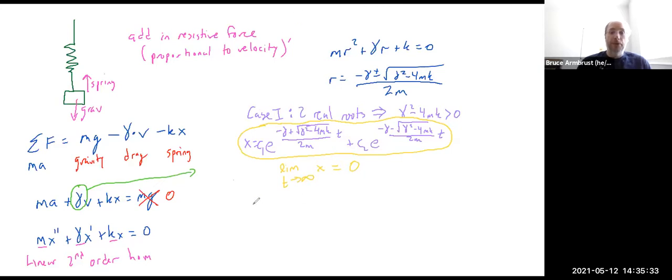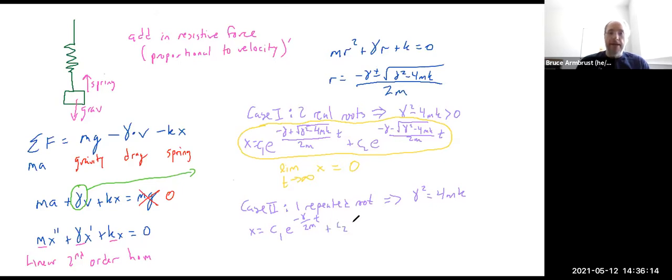So let's go to case number 2, the one repeated root. This is going to happen when gamma squared equals 4mk, because if gamma squared equals 4mk, then that square root is 0. And what we're going to get in this case is C1 e to the minus gamma over 2m t, because that's our one and only root, minus gamma over 2m.